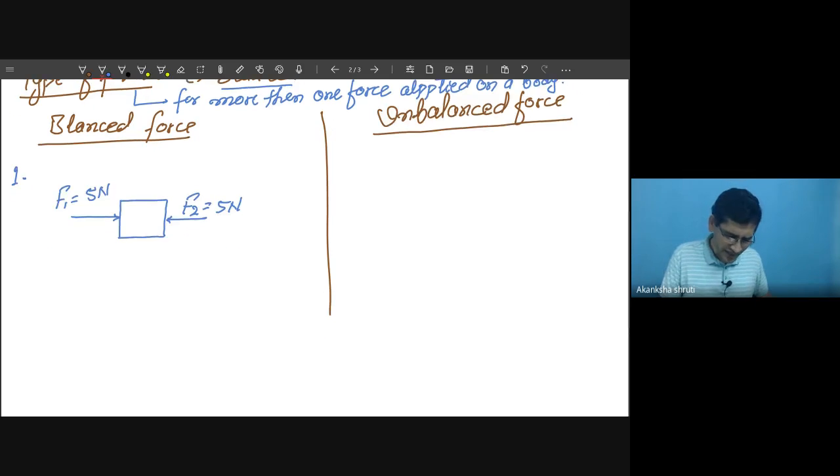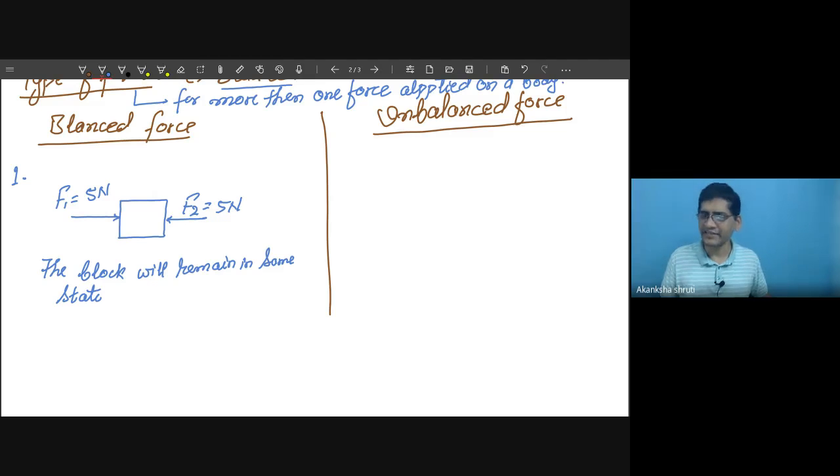So in this case, what we are observing, the block will not move, will remain in the same state. Same state means if it is at rest, it will remain at rest, or if it is in motion with uniform speed, then it will continue to move with the same speed. Students, so this block will not move. I am considering the block initially at rest.